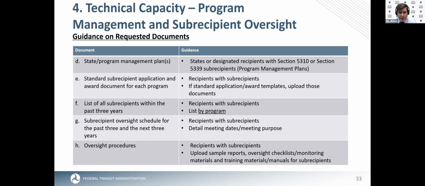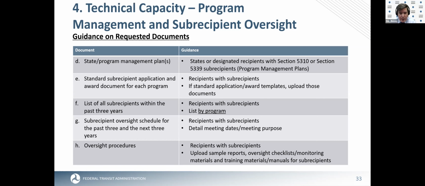So say you had a subrecipient in 2019 and you didn't have them for 2020, 2021, you'd still want to include them on this list because the reviewer is going to want to look, hey, did they perform proper oversight of that subrecipient for 2019 when they were in fact a subrecipient? So include all the subrecipients that you've had over the review period, and your reviewer can follow up from there.